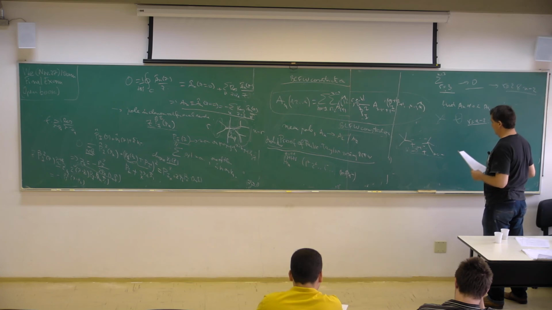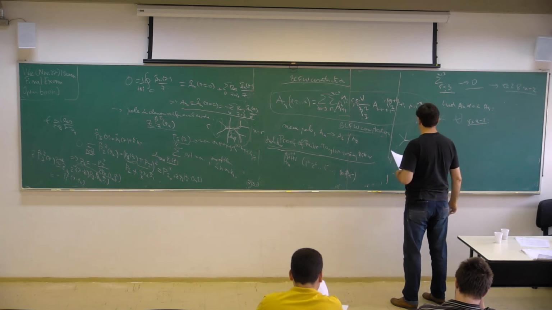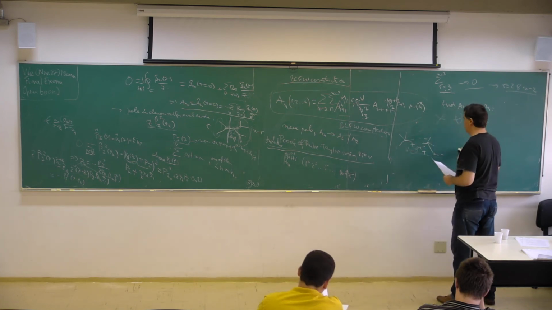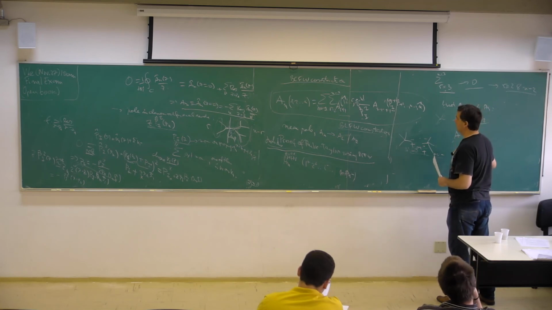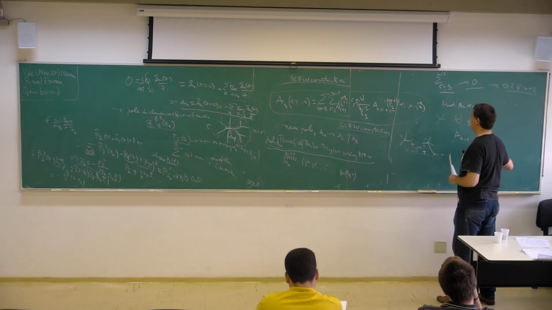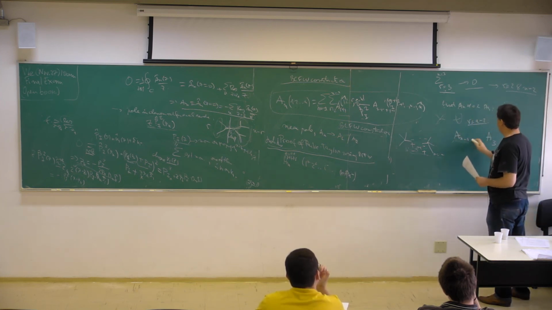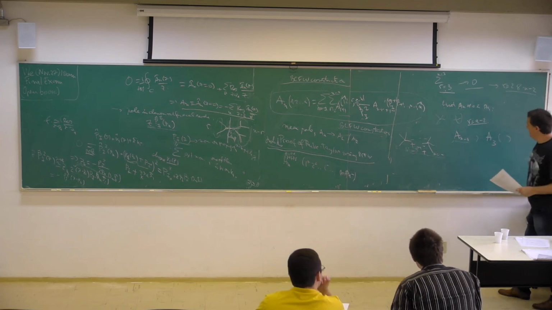Well, r equal to n minus 2 means I have an A_{n-1} on one side and an A_3 on the other.